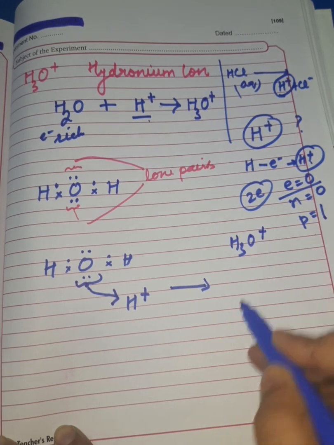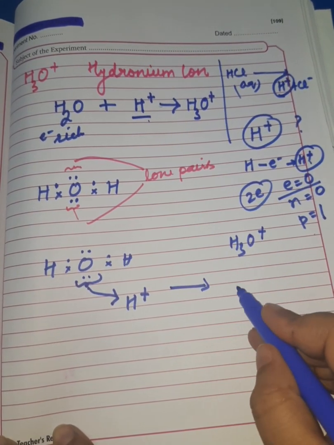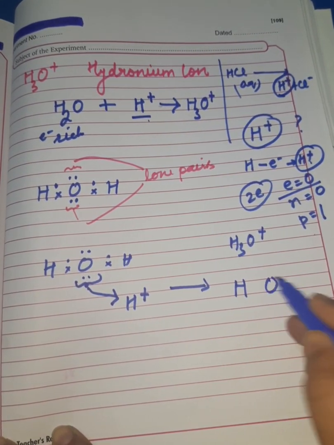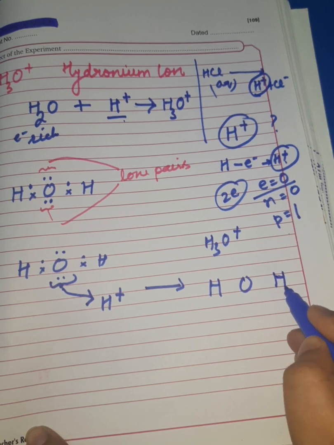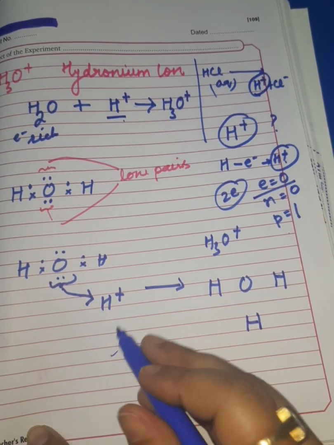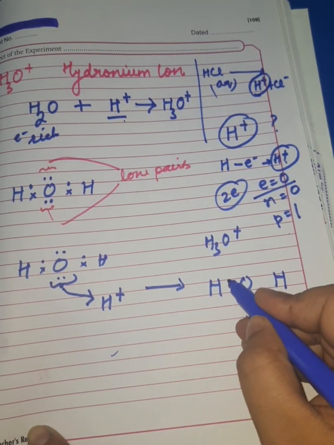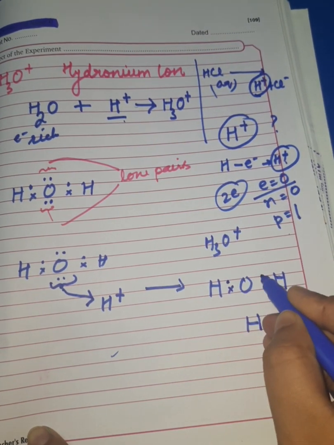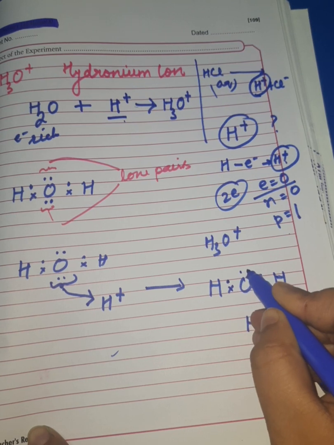Now let us see the electron dot structure of H3O plus. H3O plus will be composed of HOH of water bonded with the H plus which came from the acid. So first of all, you draw the electron dot structure of the water that way.